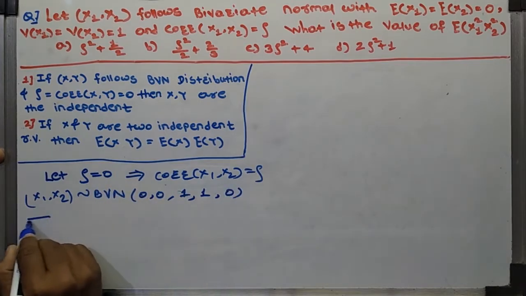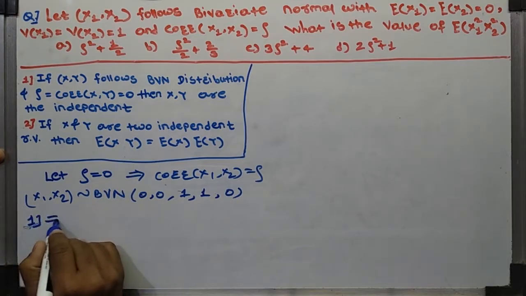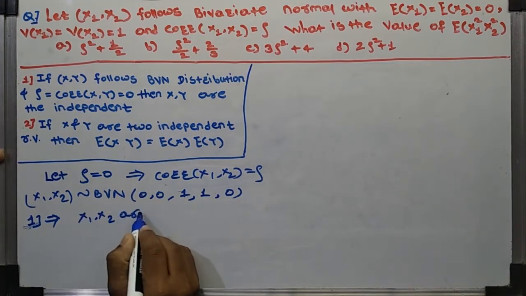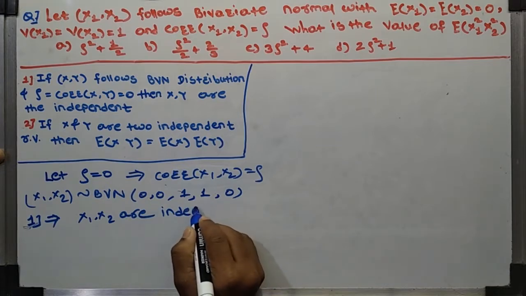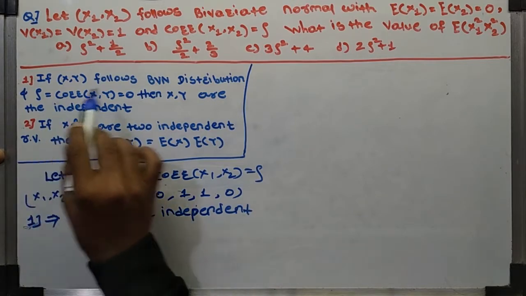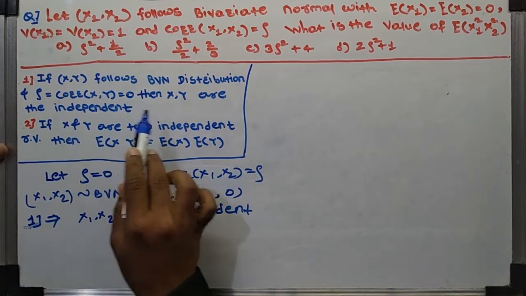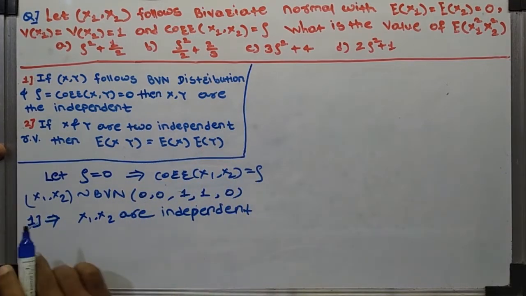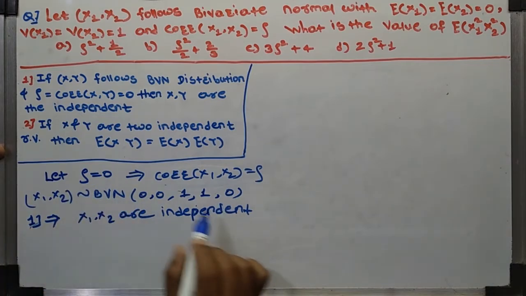This implies, by the first result, that X1, X2 are independent. Because in the first result, if X, Y follows a bivariate normal distribution and the correlation between X, Y is 0, then X and Y are independent. Here X1, X2 follows a bivariate normal and the correlation is 0 because we assumed that rho is equal to 0.